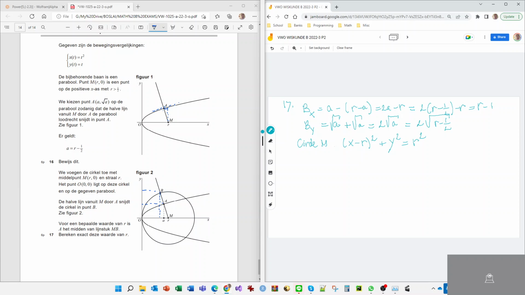Okay, so let's substitute what we have for x and y. So you get (r minus 1 minus r) squared plus that thing squared, the square of this, equals r squared.